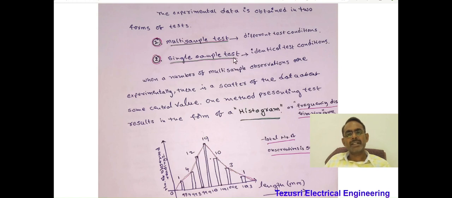Next, single sample test. The readings are taken at identical test conditions. When a number of multi-sample observations are made experimentally, there is a scatter of the data about some central value. One method is representing test results in the form of a histogram or frequency distribution curve.